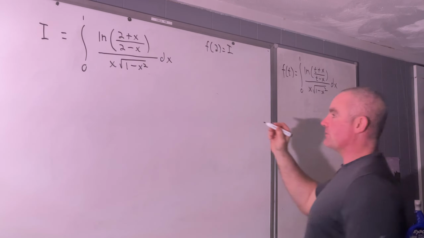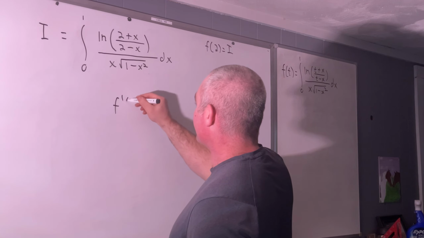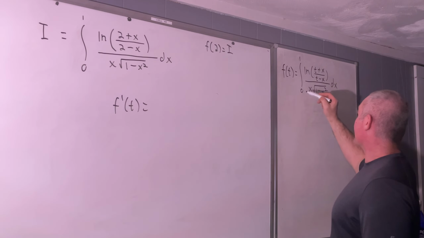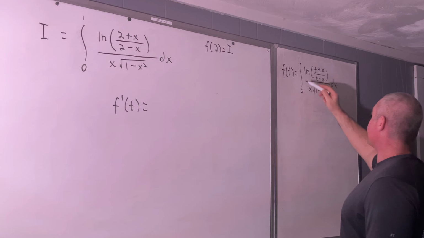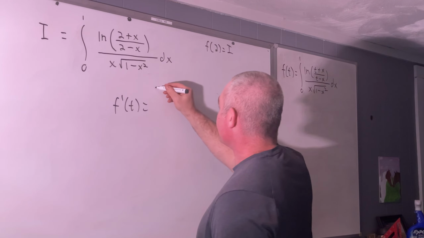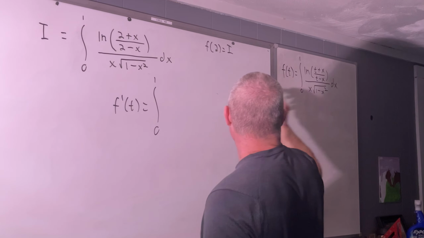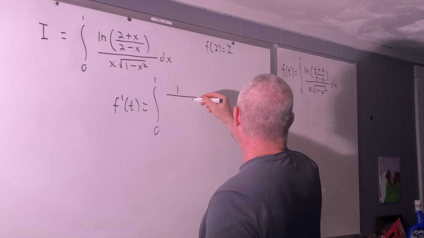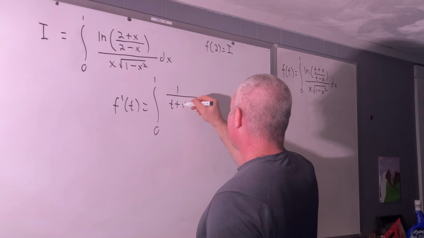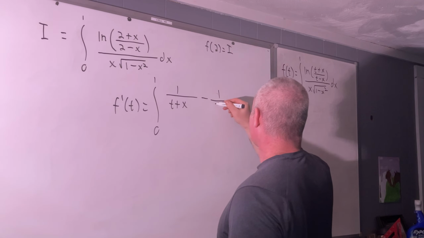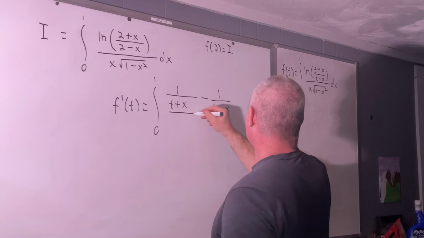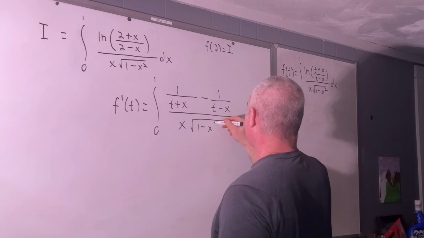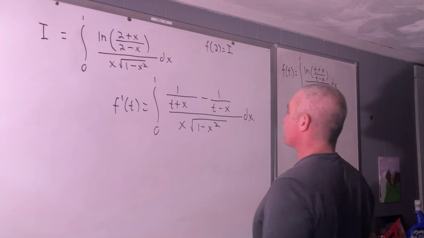Well, let's just use a scratch pad over here. f prime of t is going to be equal to the integral from 0 to 1 of the partial with respect to t of that integrand. Let's see, what's that going to be? We're going to get (1 over t plus x minus 1 over t minus x) all over x square root of 1 minus x squared dx.